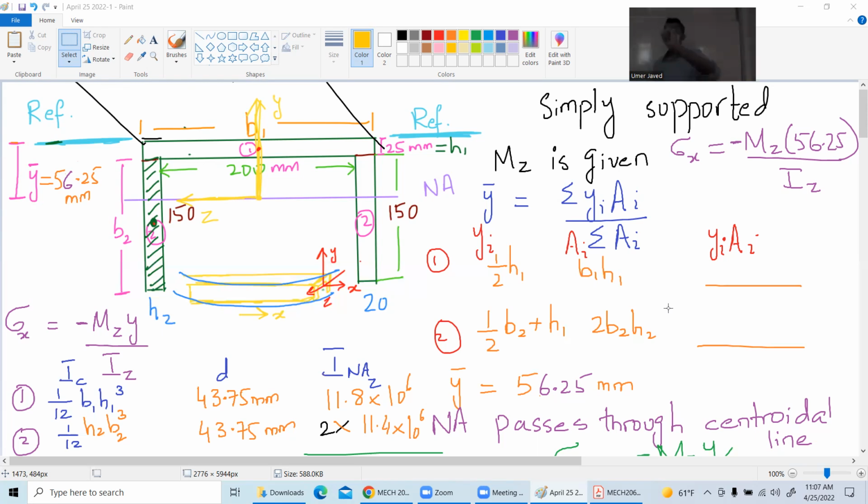So for that, I have to come up with my own reference line. I made a blue line at the top. If you don't like it, you can make a blue line right at the bottom, or you can come up with any other point for your reference line. It could be at the center, could be at an intermediate point. I made the reference line there because once I have the reference line, only then will my y prime, y bar, I apologize, make sense. Y bar is 56.25 millimeter. From where? From the blue line.